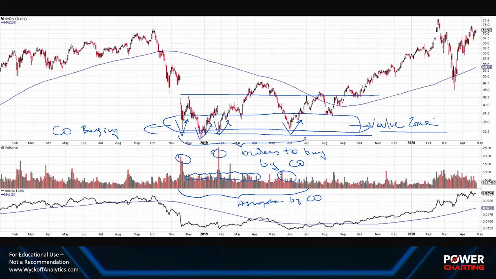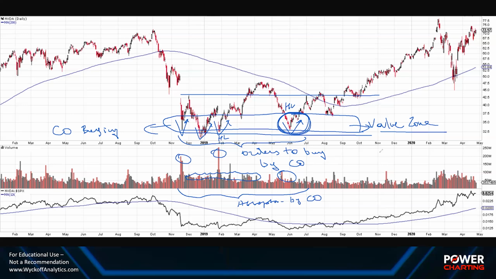And so you can see over here, May, June is the last time that this stock is able to decline back to the area of support, making a higher low. The low in December is followed by a higher low in January and a higher low in June. And so the volume, you can see that there's persistently high volume on those declines, but less so each time.